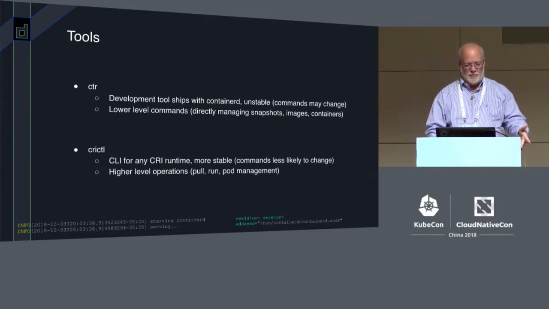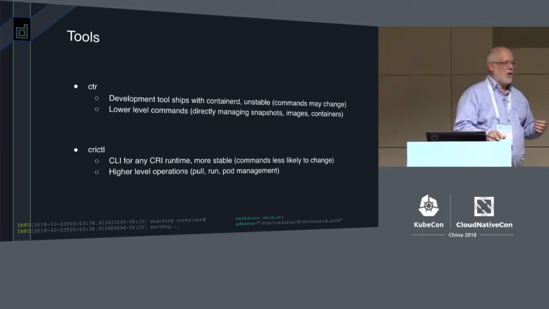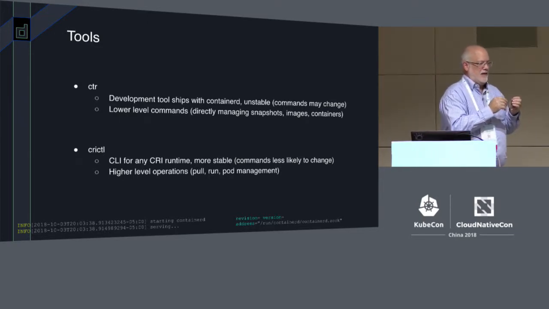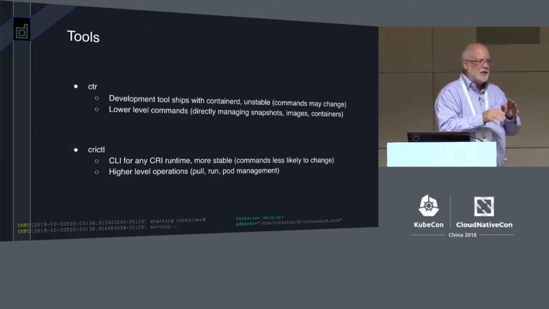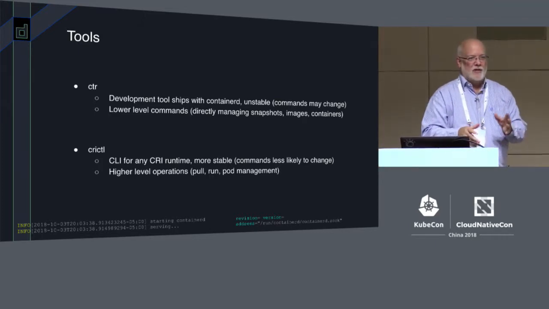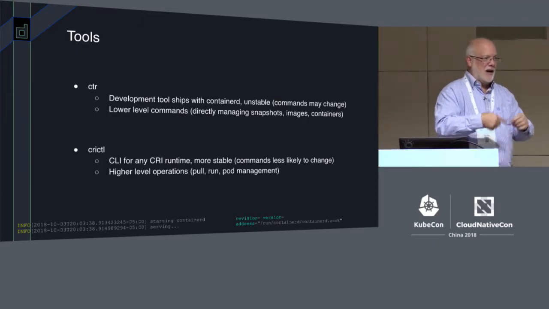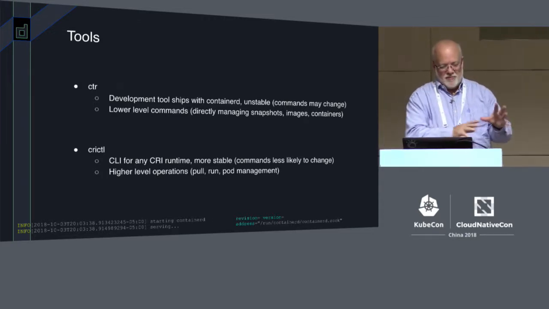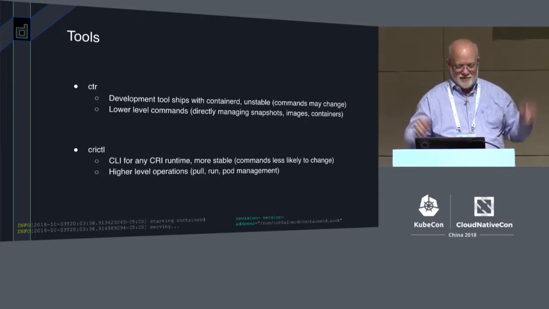Two tools that are of interest to developers. One is called CTR. We say it's unstable, but what's really meant there is that the APIs may change. The command line may change. So don't write a script that expects the command line to never change and put it in your CI. It's a nice tool and everybody uses it.